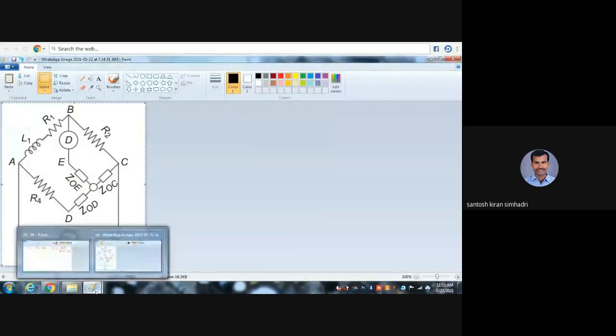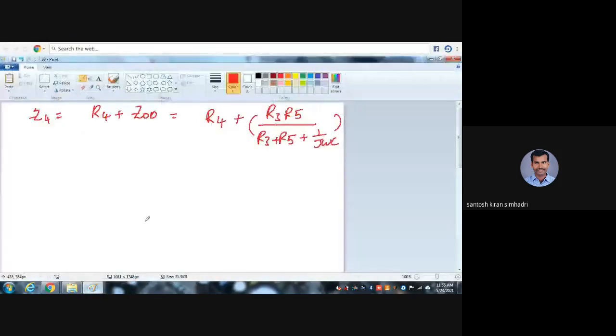Now I will go with the existing slide. So this is the existing slide. Now, what is our next step, sir? Yes, you know very well. There is the bridge balanced condition. What is that condition? It is very familiar: Z1 into Z3 equals Z2 into Z4.